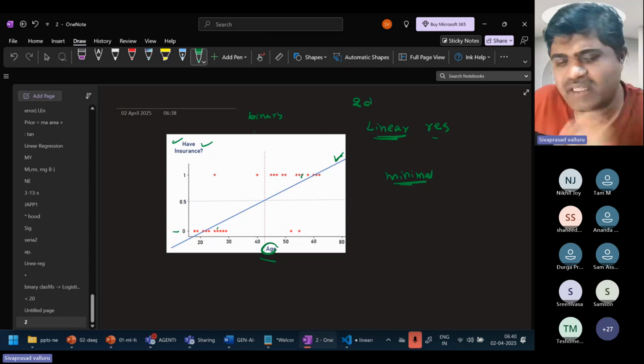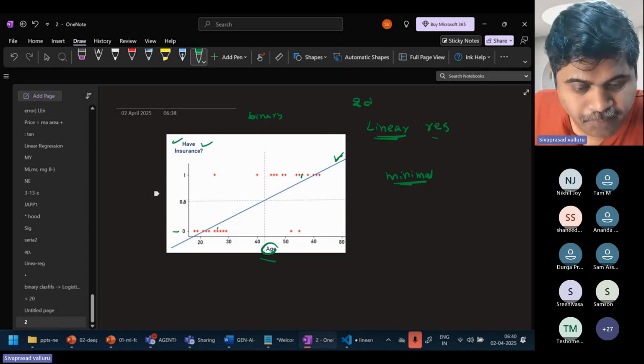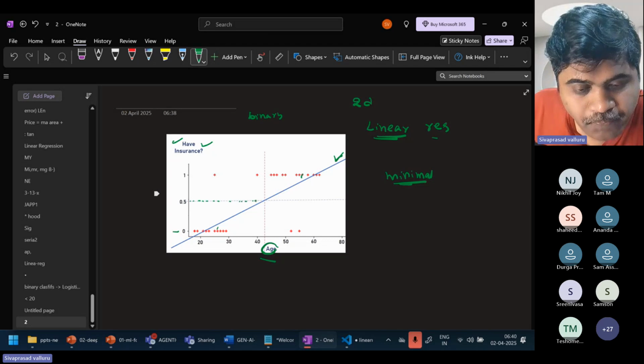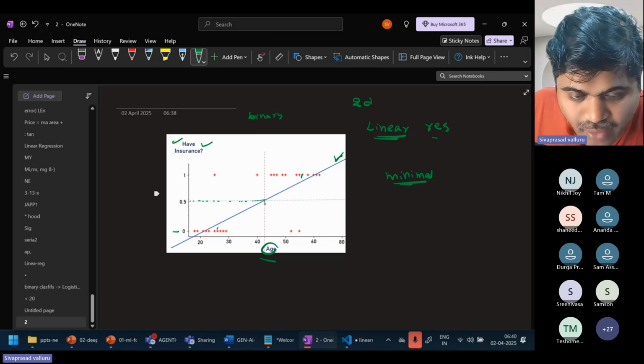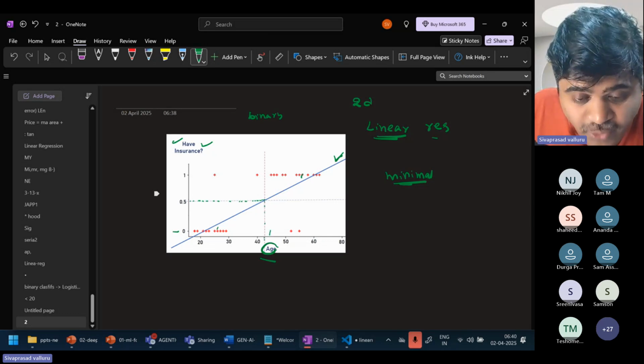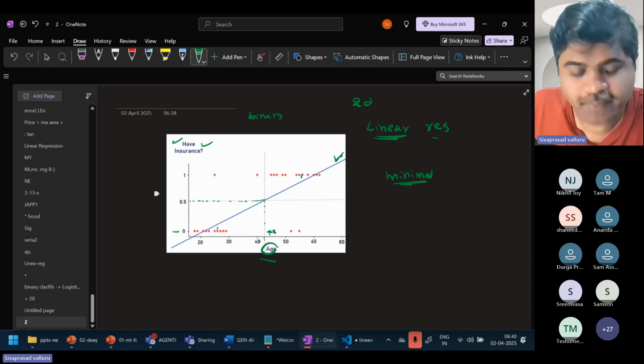Okay, we can come up with some logic saying, hey, on the y-axis, I will draw a horizontal line at 0.5. Wherever this line intersects with my actual line, I can draw a vertical line here. So maybe this value, consider it as 42 in this case, right?